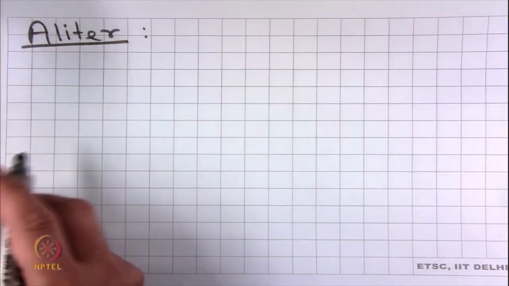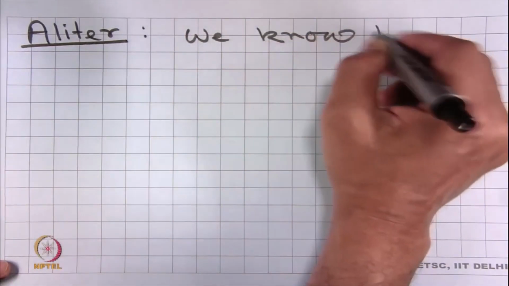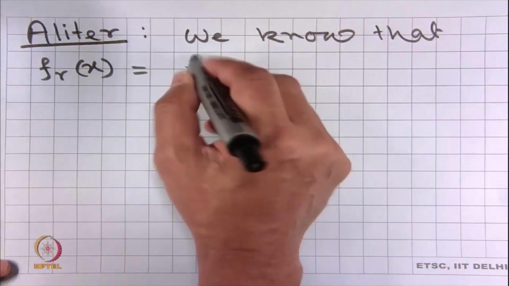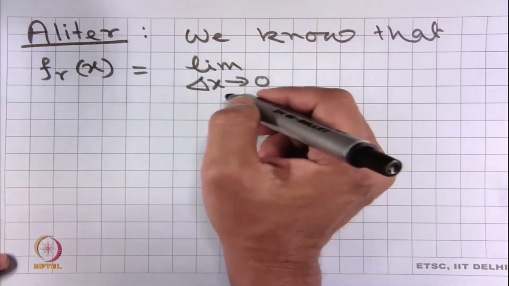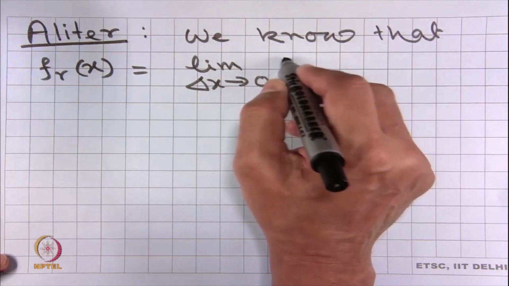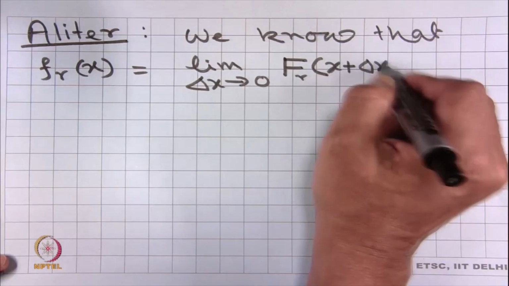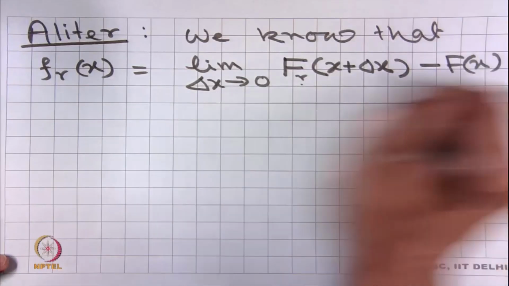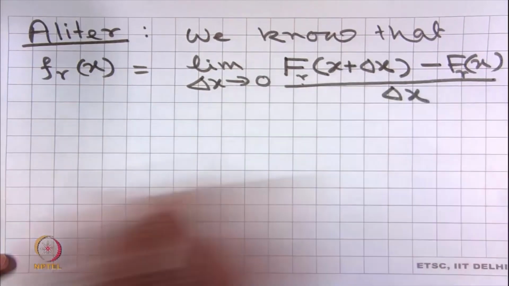We know that f'(x) is equal to the limit as delta x goes to 0 of [f(x plus delta x) minus f(x)] divided by delta x.